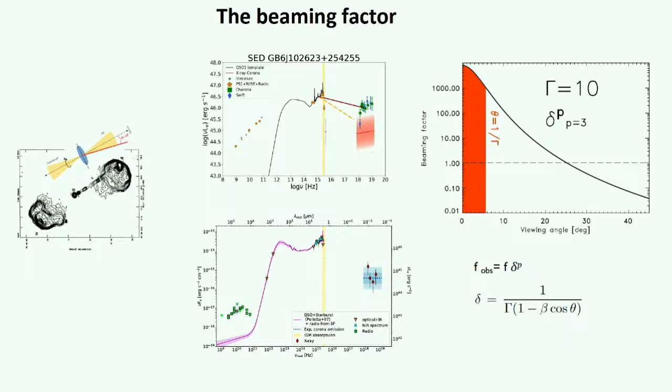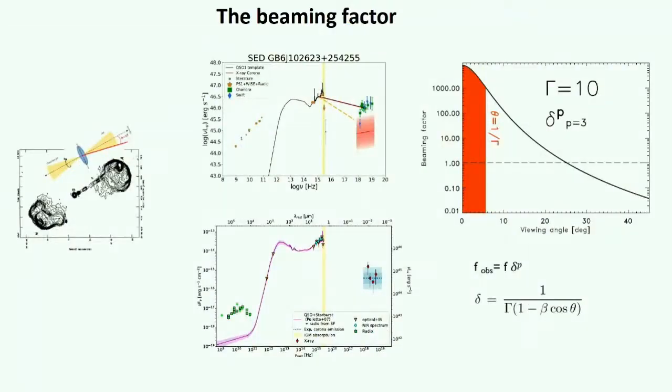The 2 jet emissions in X-ray and radio are different because of the beaming effect. You see here the beaming plotted as a function of the viewing angle, and you see that the emission of the first one can be boosted by a factor higher than 1000, and can even reach a factor of 10,000.